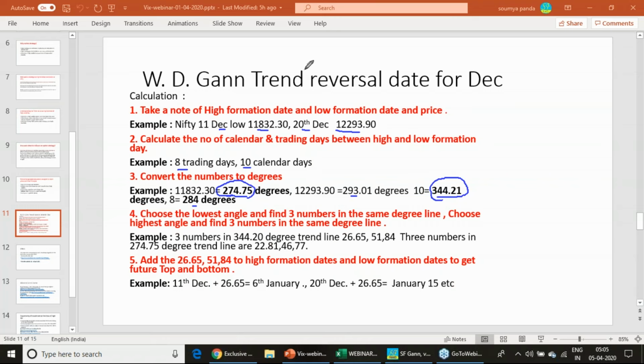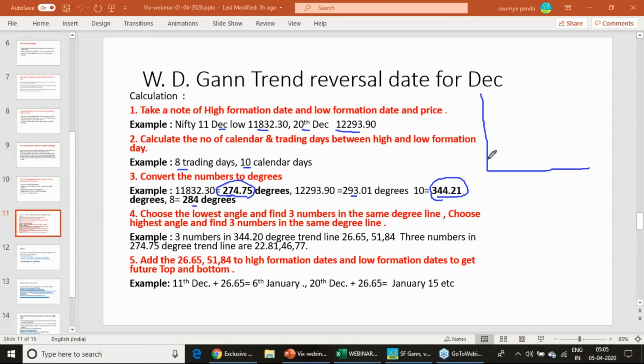So this says there is a trend line which makes 274.75 degrees, or there is a trend line which makes 344.21 degrees. Definitely some confusion will come.